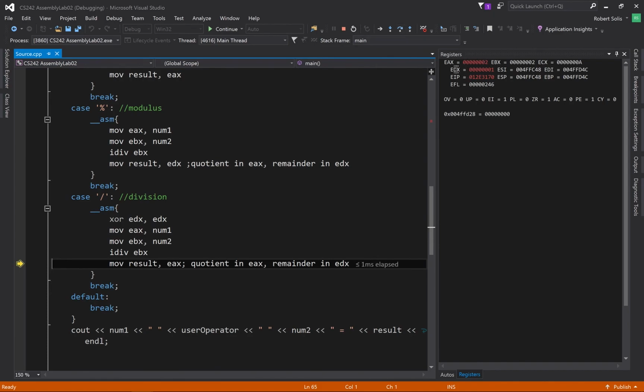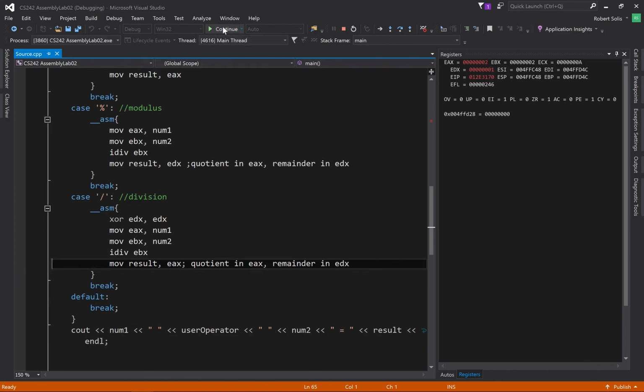Look at this. The EDX register has the number 1 here. So you know that what IDIV does is it places the quotient in EAX, and it places the remainder in EDX. So that's why I'm going to say, okay, so what is the result? Well, remember, in this case, I really do want the number 2. Right? But just know that the remainder is placed over here in EDX.